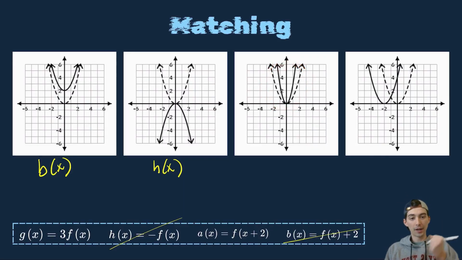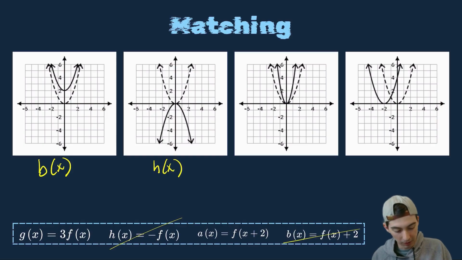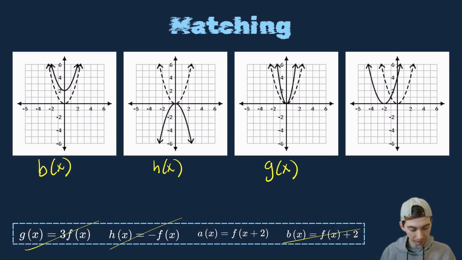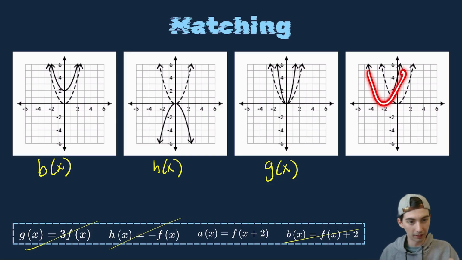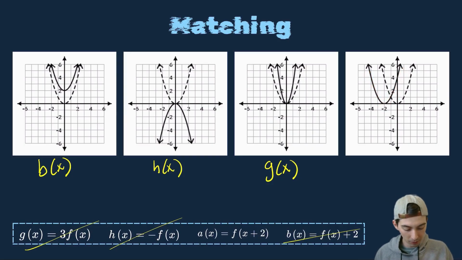That's a vertical stretch, and we say that that's the number being multiplied out front, which in this case would be g of x. That's my 3. And then last, this graph here is moved to the left of my dotted graph. So I have to add 2 inside the parentheses. So this is going to be a of x.